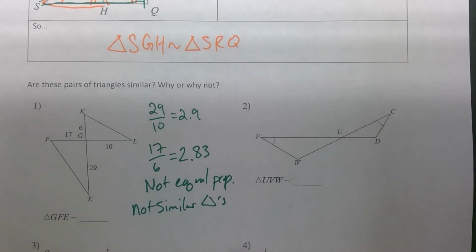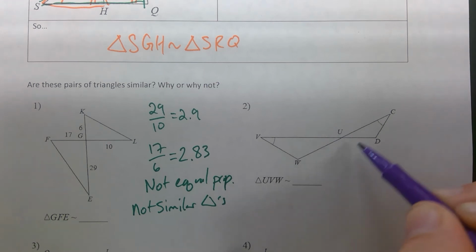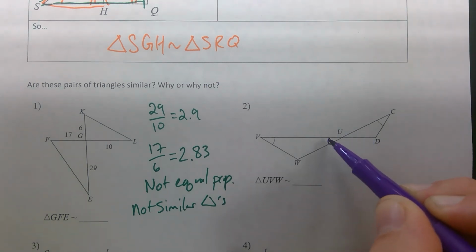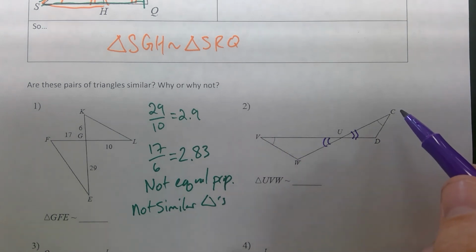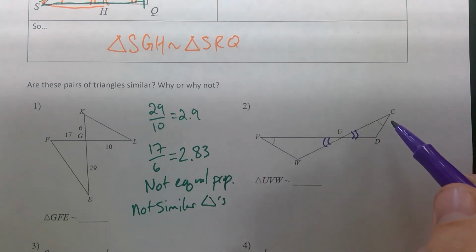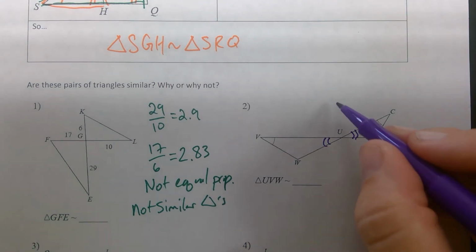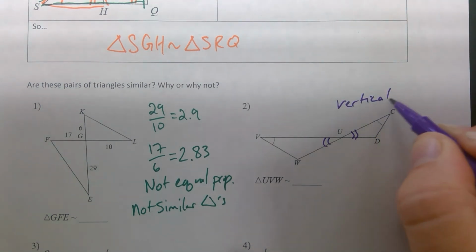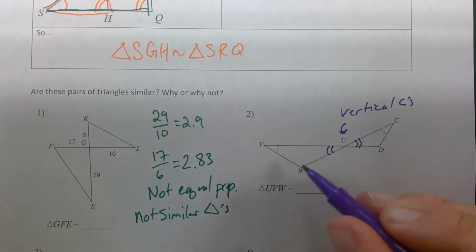So let's take a look here, number 2. On number 2, we've got some vertical angles going on here. So I have one pair of angles congruent since those both have one marking, V and C, U, those are vertical angles. Okay, I'll mark that vertical angles. So we have two pairs of angles.